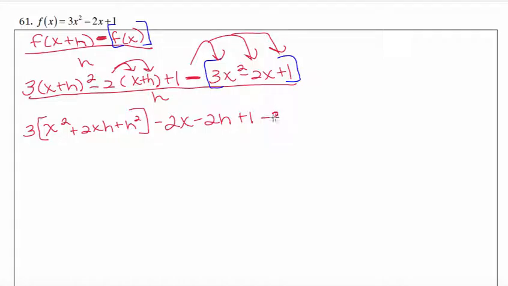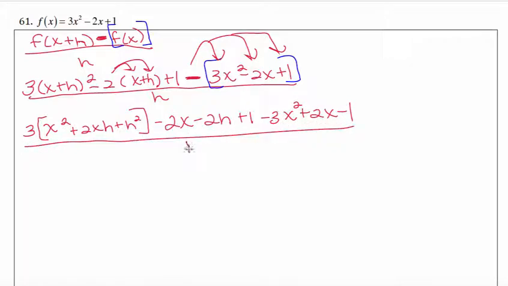I get minus 3x squared plus 2x minus 1. And that whole thing is over h. And then I do get to cancel out a bunch of terms right away. I can cancel out my 2x's and I can cancel out my 1's. I'm left with this term that I'm boxing off, and I'm left with this term right here.